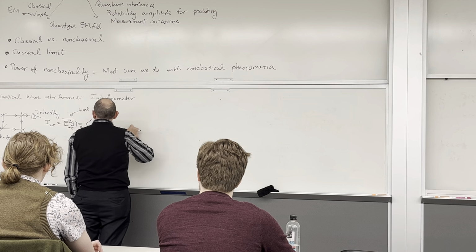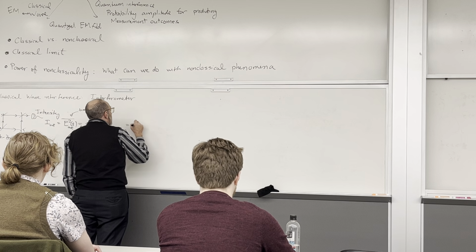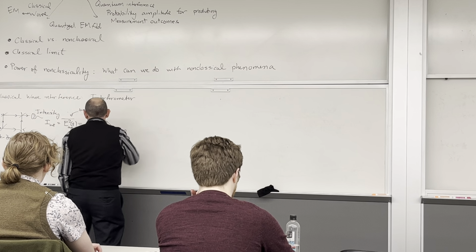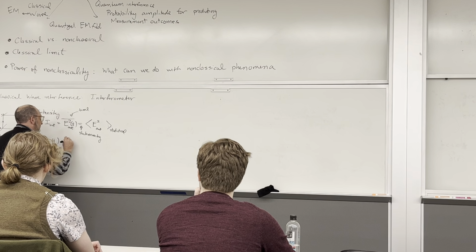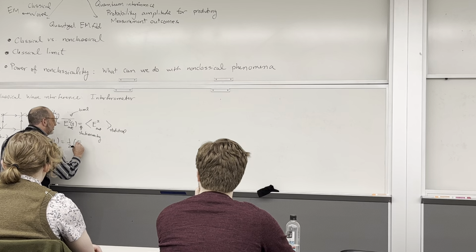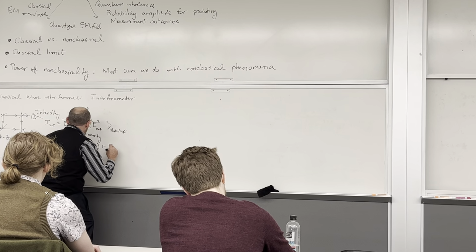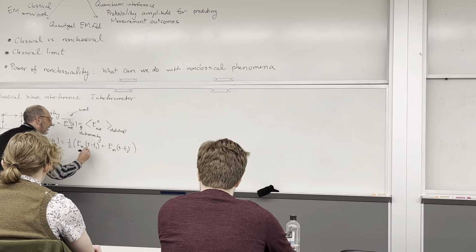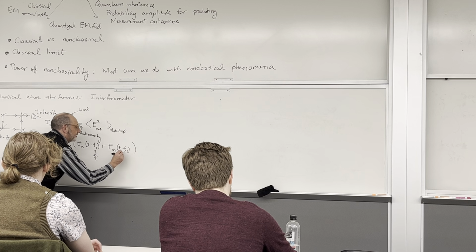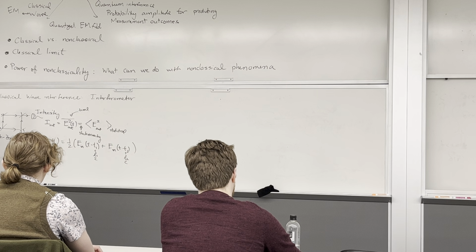And so the electric field in this case, we have, for a 50-50 beam splitter, where T1 and T2 are the two retarded times associated with the path lengths L1 and L2, right?